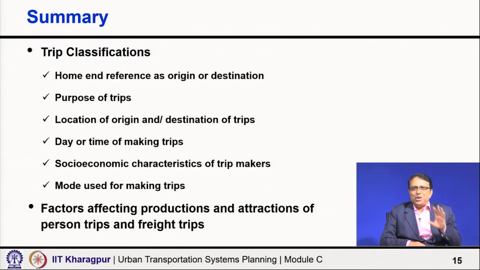Then we say based on purpose of the trips, and I explained clearly that why this is meaningful, the work trip, education trips, social trips, recreational trips, right, and so on and so forth.